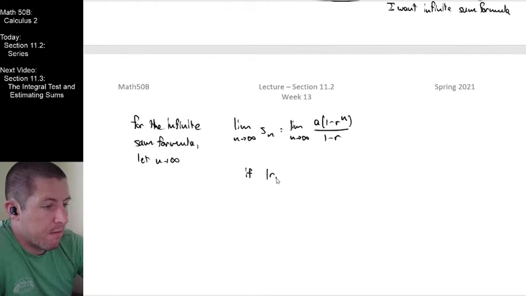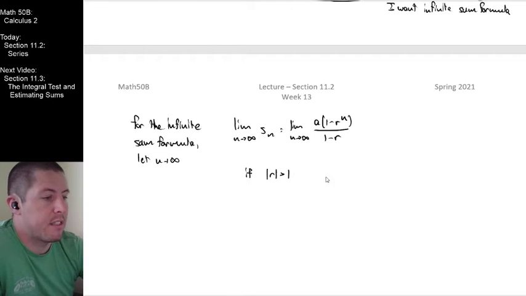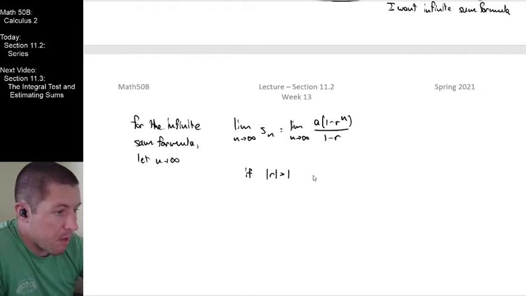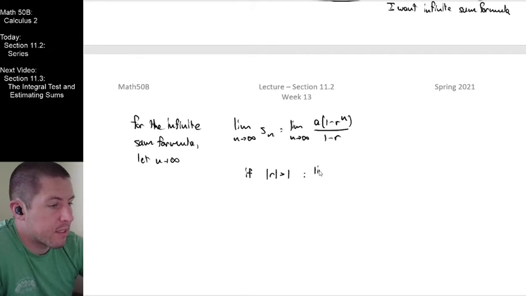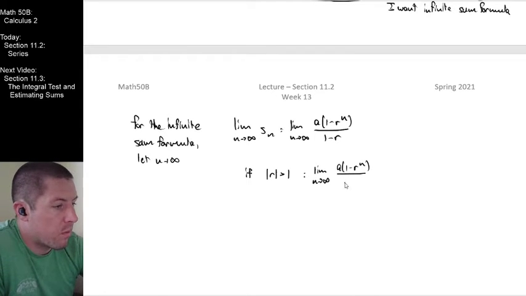If the value of r, or its distance from 0, is greater than 1, then when we take this limit as n goes to infinity of a times 1 minus r to the n over 1 minus r, we're basically getting a times 1 minus infinity over 1 minus r, which is going to diverge to infinity.